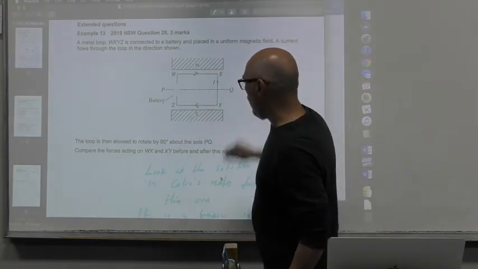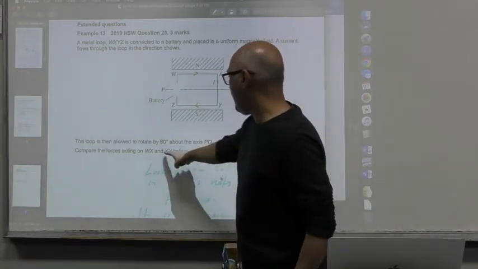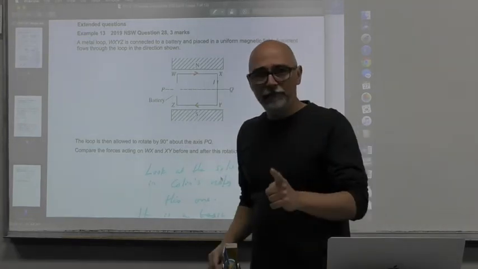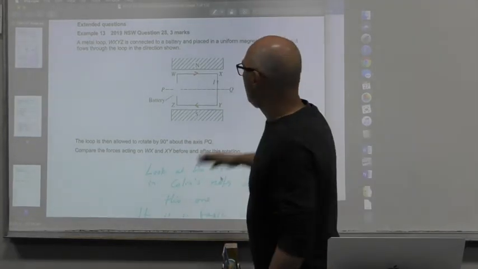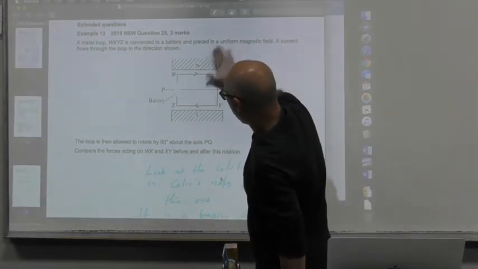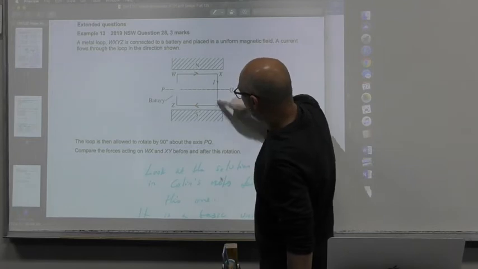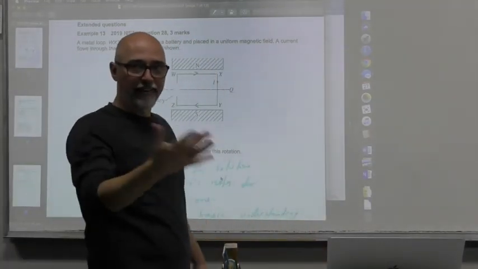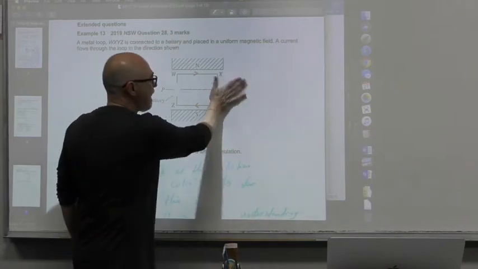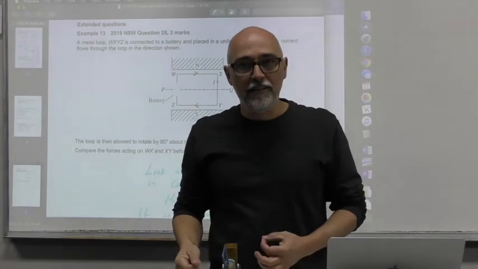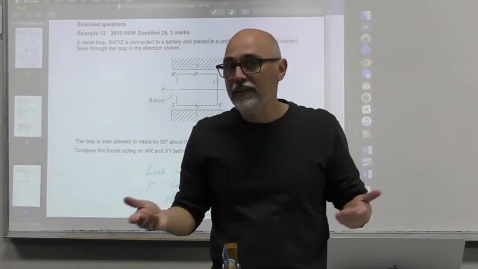What about XY? Let's see, XY. Try and line up, this is a good little exercise, try to line up the direction of the field with the current for this line here. It's impossible. You have to change the rule to make it line up, and you can't do that. So if the rule does not line up, it just means that the force is zero.